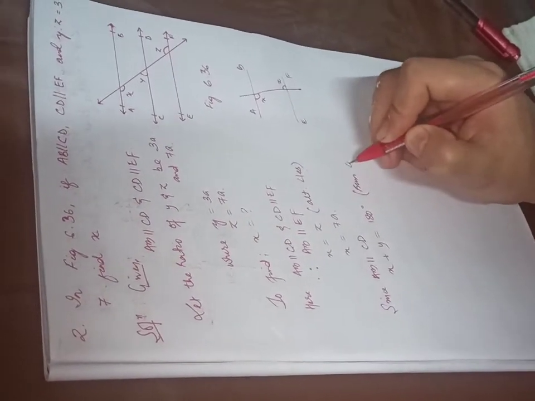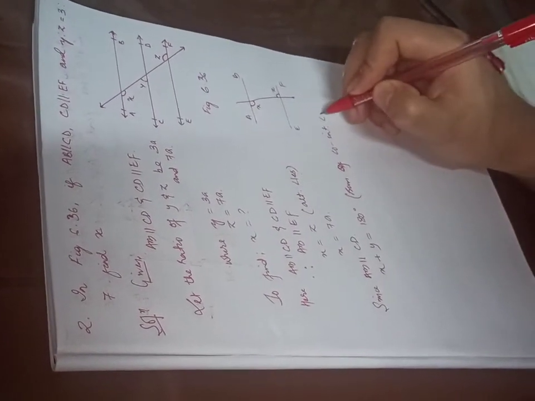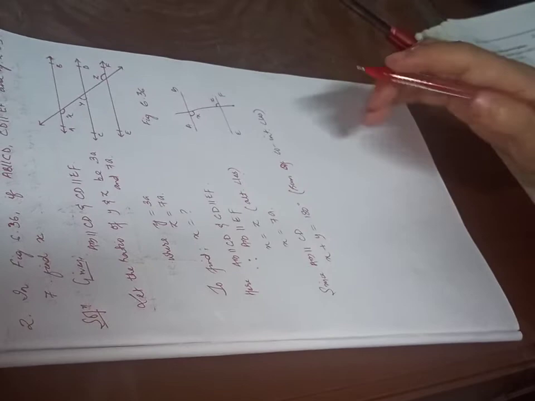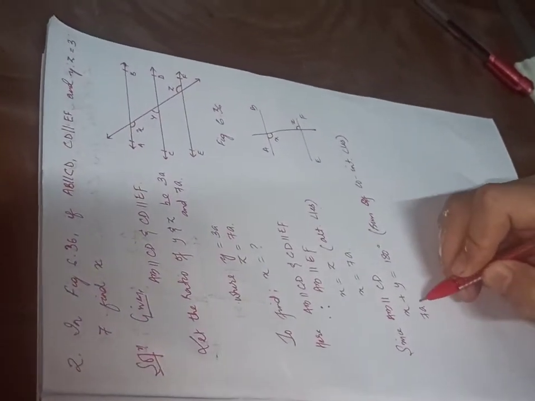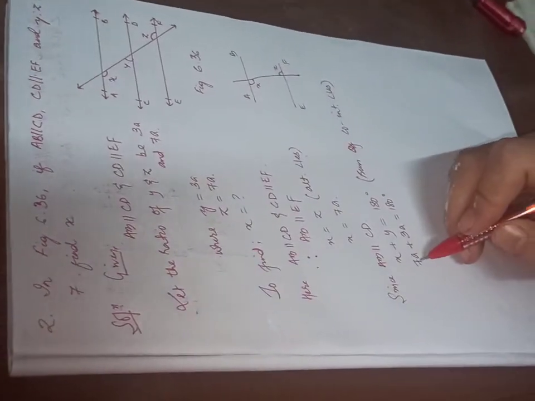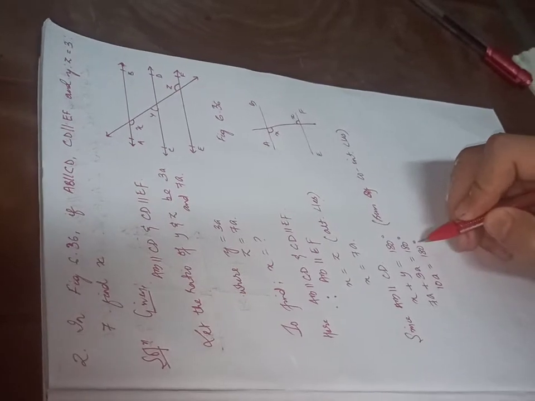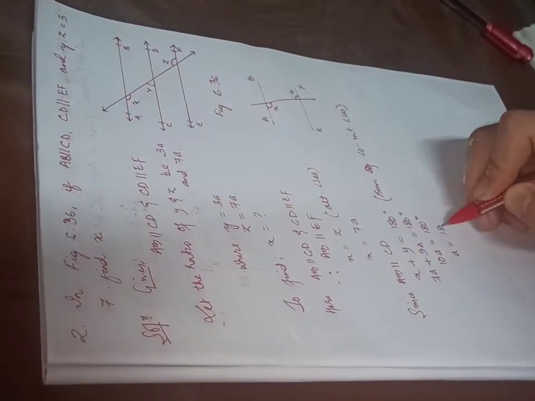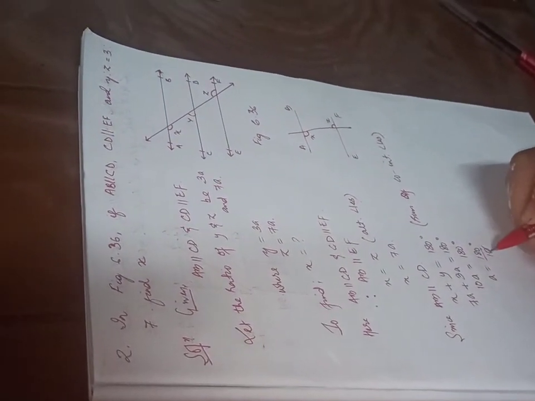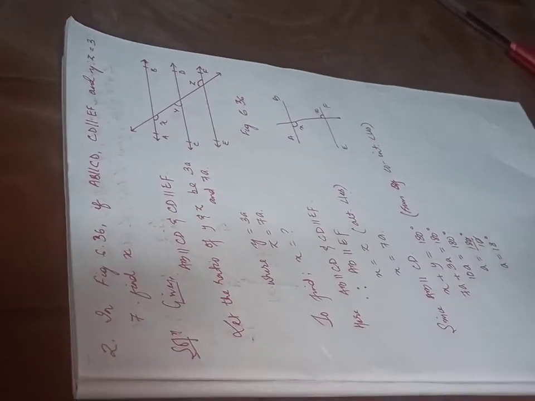The reason is sum of co-interior angles on the same side of a transversal. So this gives us X is 7a plus Y is 3a equals 180 degree. That is 7a plus 3a is 10a, which is equal to 180 degree. That gives a equal to 180 degree by 10. The 0 cancels out. That gives us a equal to 18 degree.